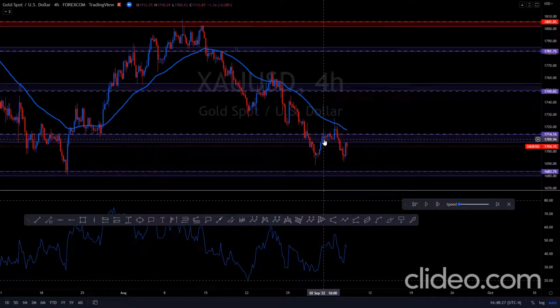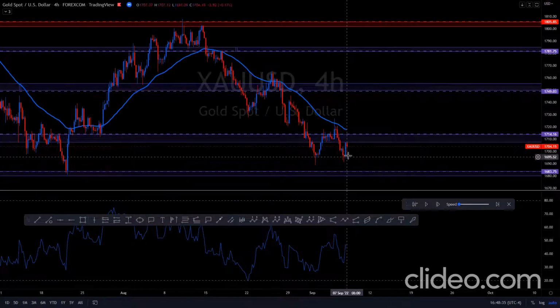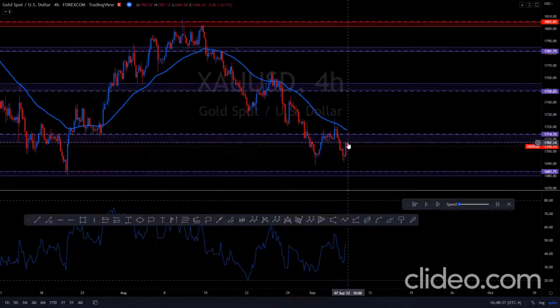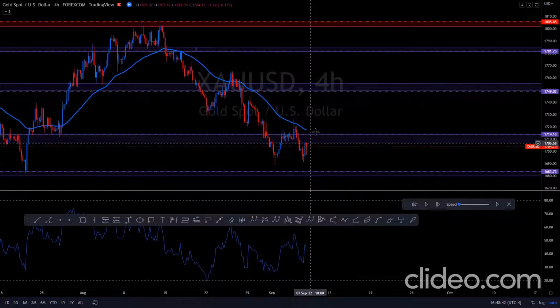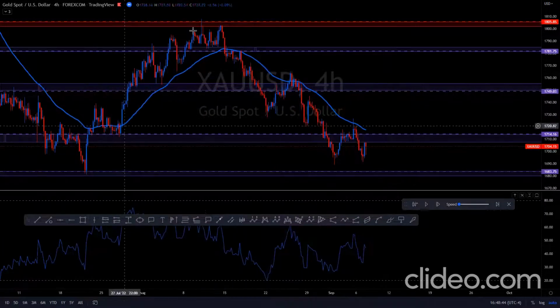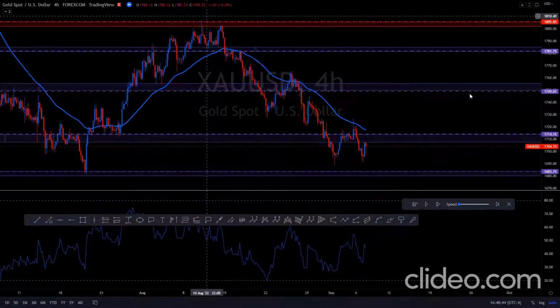So that's why price went up. And really, in reality, it did close above this zone and went up and then tested it and came back down and tested this area again. So that's what made price go bullish. But let's go to the smaller time frame so we can get a closer look.